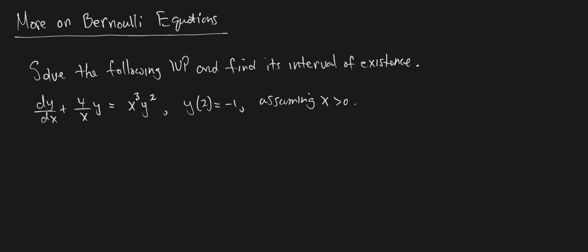And it's definitely not linear in its given form, but we will now transform it into one that's linear and then solve accordingly. After getting the general solution, we're going to use this information to find our constant, so go from the general to the particular.